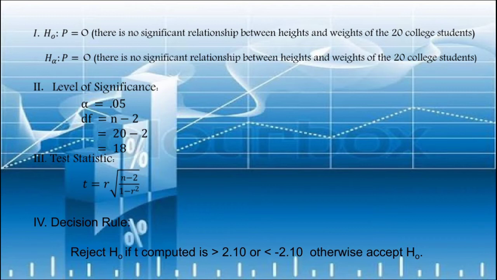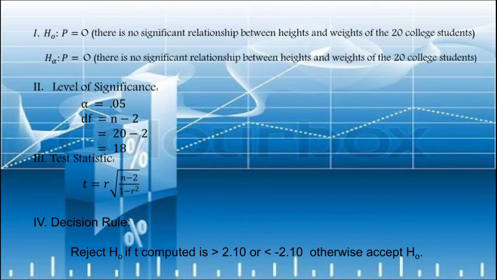Next, our test statistic. Our formula is t equals r times the square root of n minus 2 over 1 minus r squared.